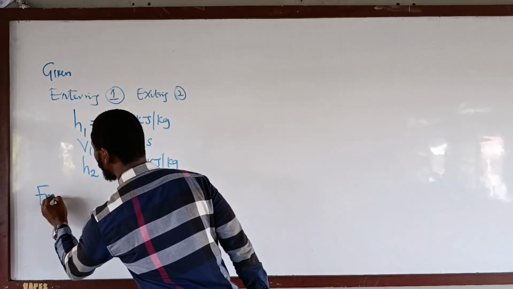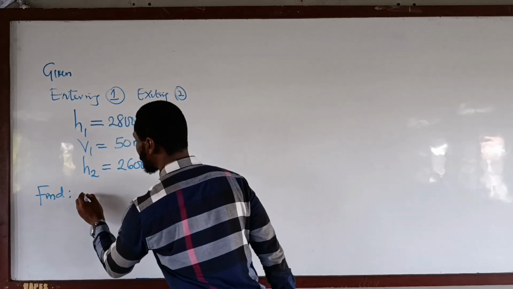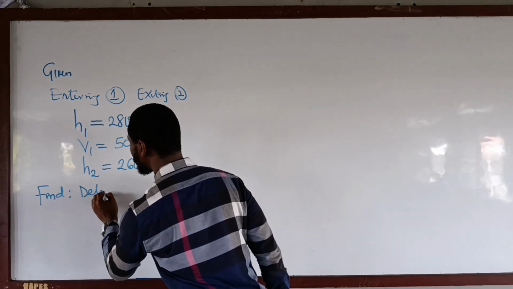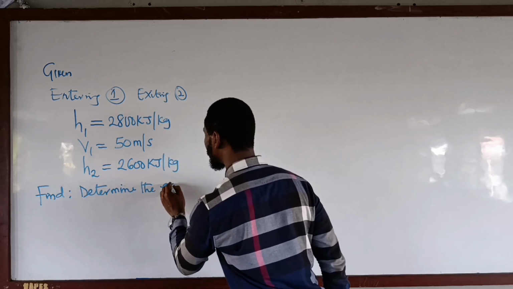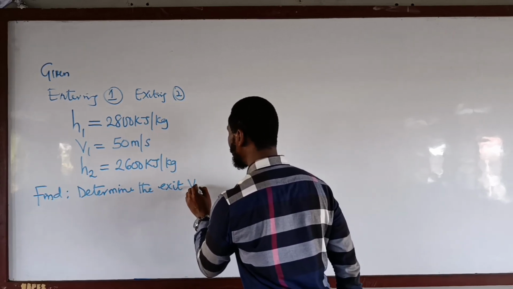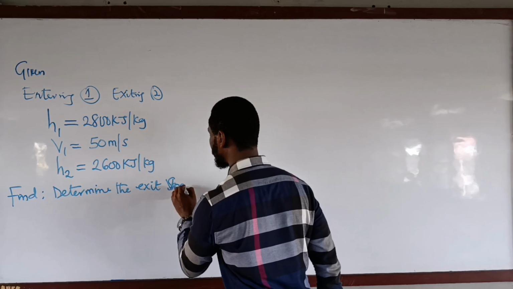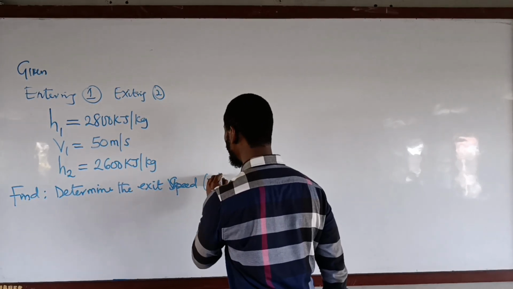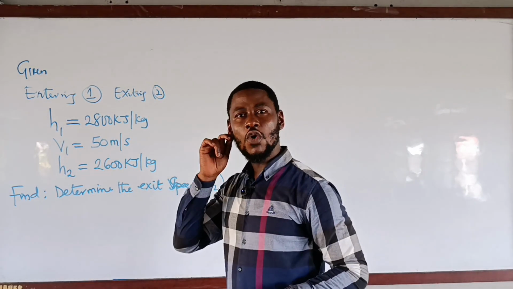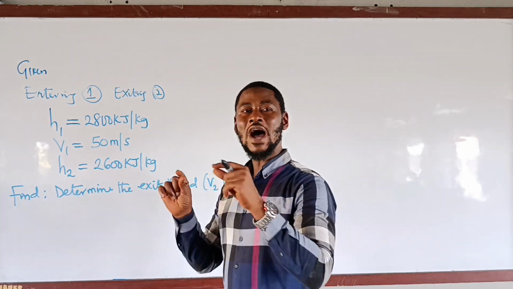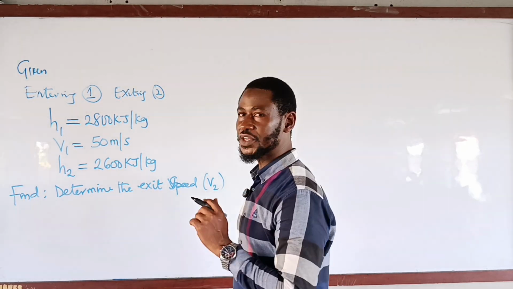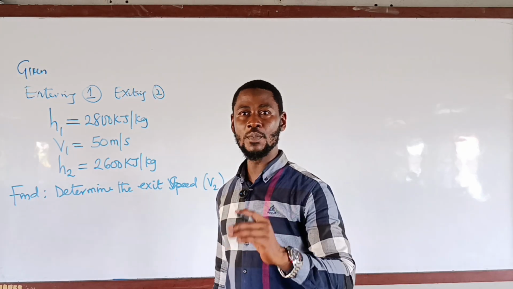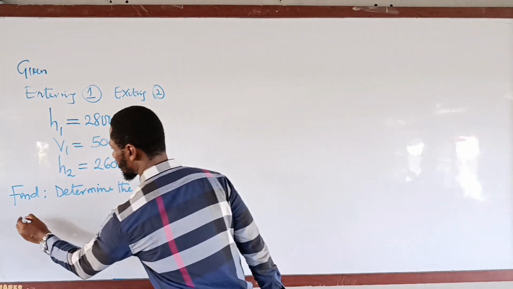The next step, step 2, is to define the unknown. We are asked to determine the exit speed, that is V2. Then going back to our way of solving problems, we move to step 3, which states that we should state some basic assumptions.